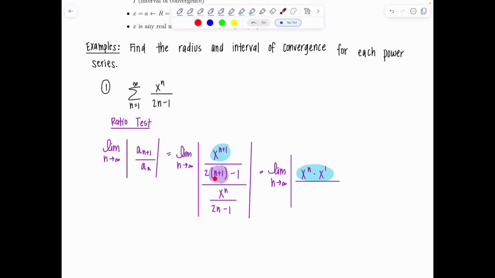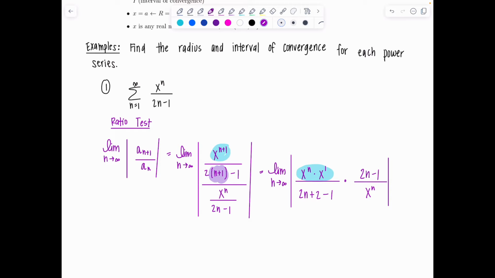So this is 2n plus 2 minus 1. And then I'm dividing by all of this, so I'm just going to multiply by the reciprocal. So I'll have now 2n minus 1 in the numerator and x to the n in the denominator.